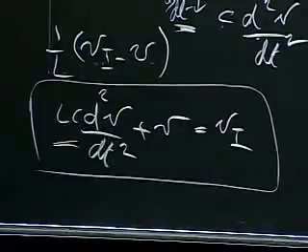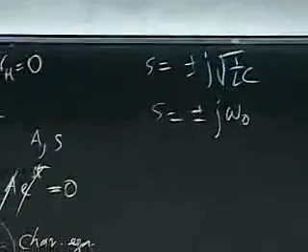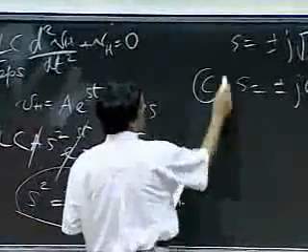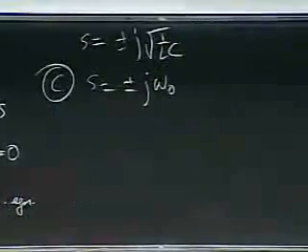So 1 divided by that has units of frequency. Notice that this is a frequency in radians. So I end up getting my roots of the homogeneous equation, and that's my third step.